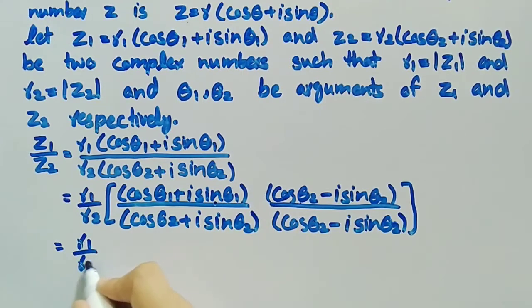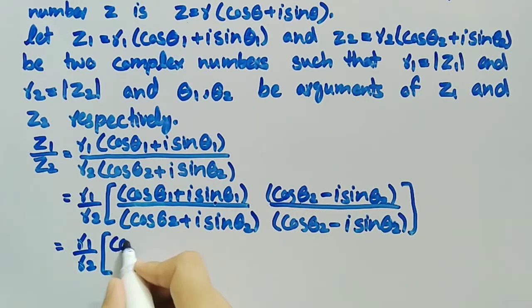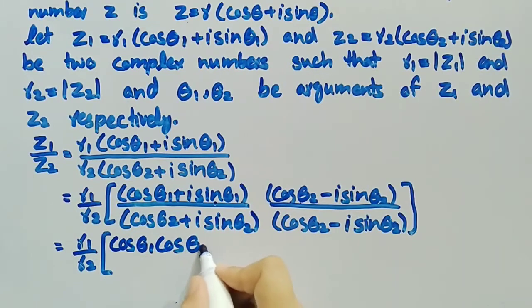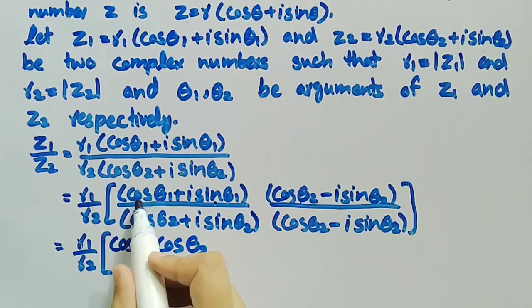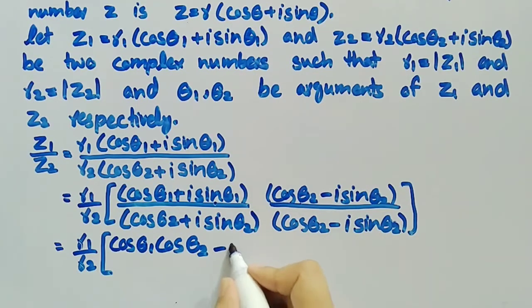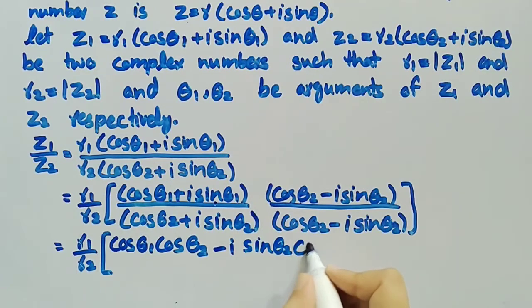r1 divided by r2 multiply cos theta 1 by cos theta 2, we get cos theta 1 cos theta 2, then cos theta 1 is multiplied by minus iota sin theta 2, we get minus iota sin theta 2 cos theta 1.